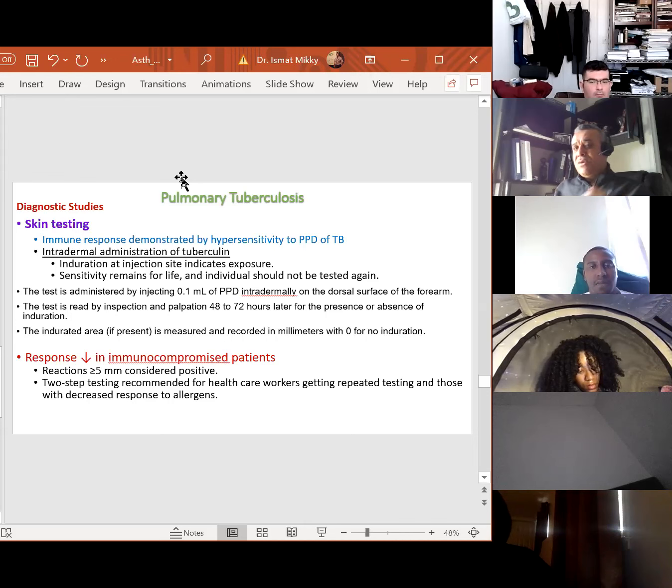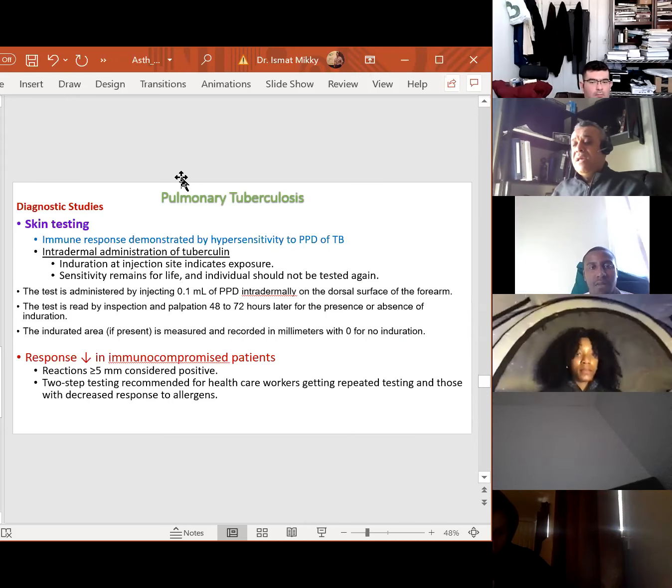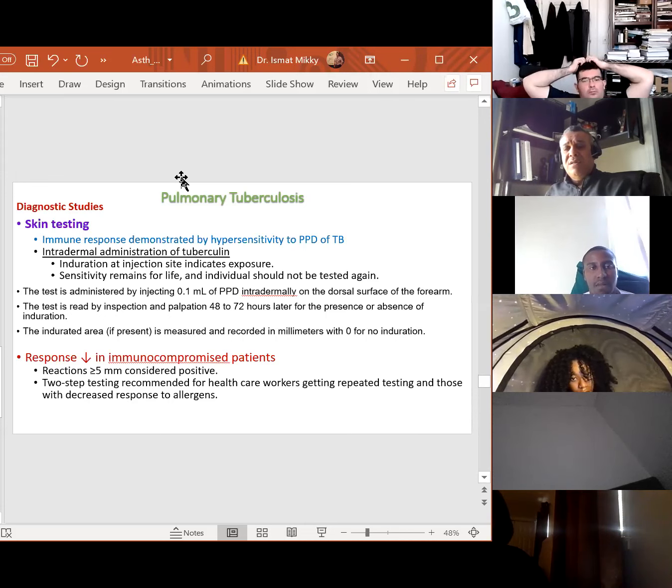The patients who have previously been infected and don't have an active TB disease right now are referred to as having a latent TB infection, LTBI. They have been infected in the past, but now it's inactive.